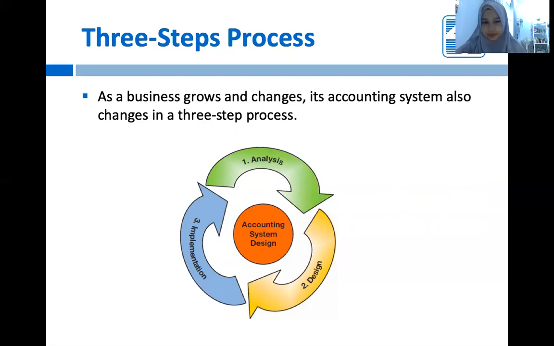The implementation stage also requires evaluation of whether the system works well, or whether it needs to be further improved or corrected in certain aspects. So these are the three-step process in implementing the accounting system.